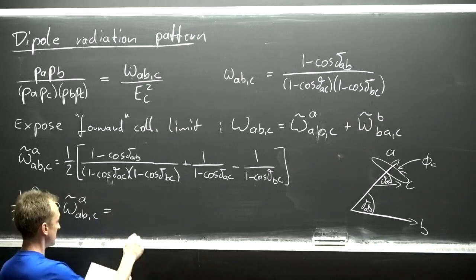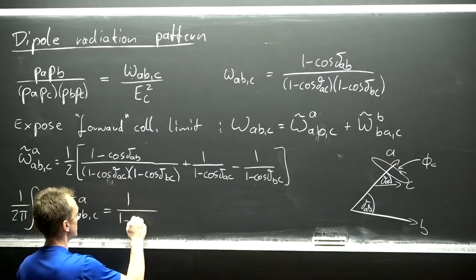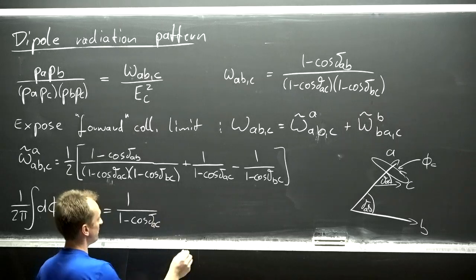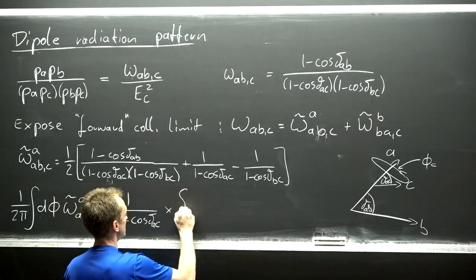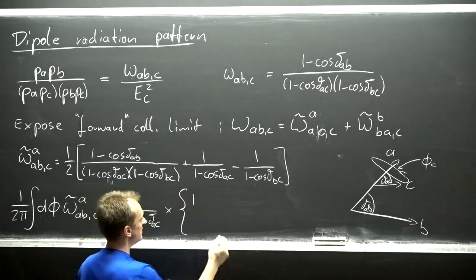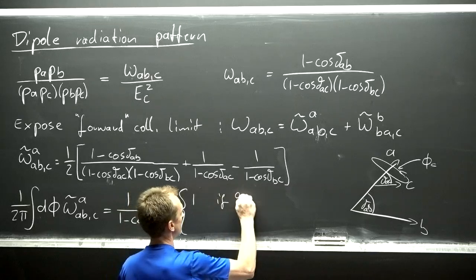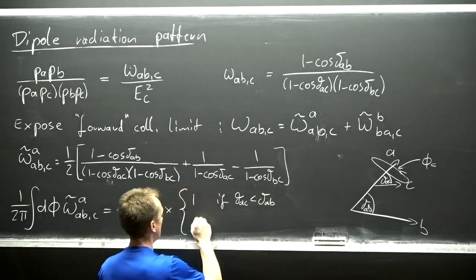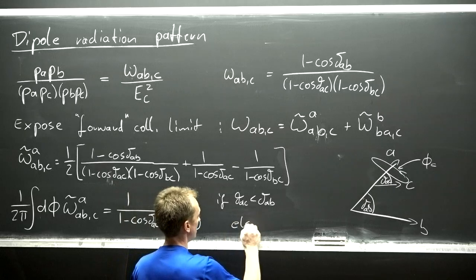I find that this is just the structure of a collinear propagator that I would like to have times either 1 if theta AC is less than theta AB or 0 otherwise.